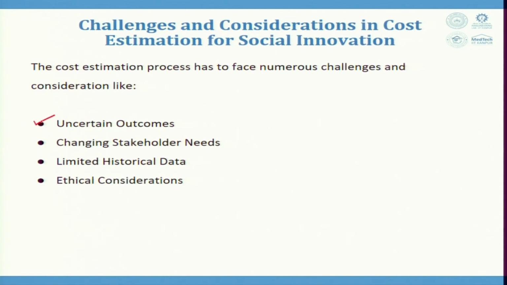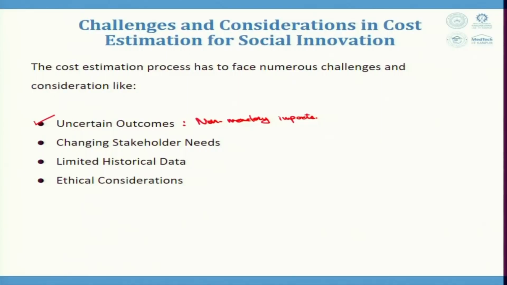When I talk about uncertainty, it requires innovative measurement methods for non-monetary impacts. If you have developed an app to reach the client, the client refuses to take the milk, he says the milk is stale. This is a non-monetary impact that is not even determined prior. So, there could be uncertain outcomes as well.